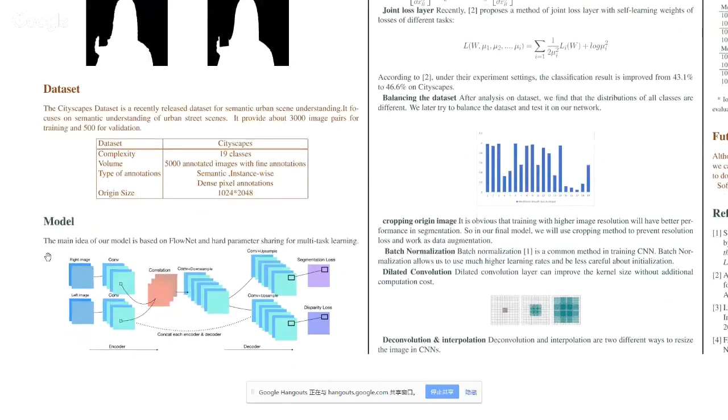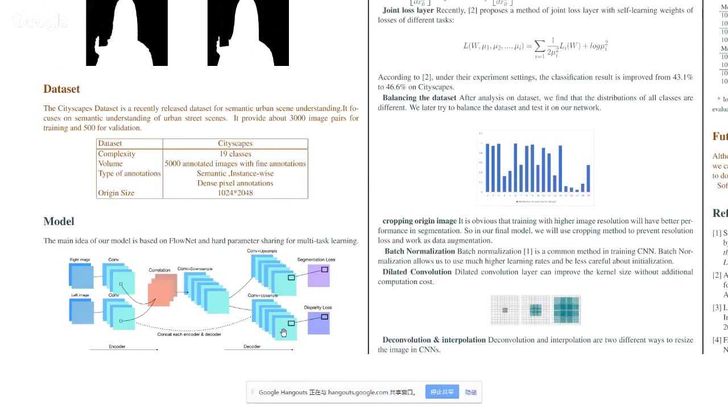About the model, our model is based on FlowNet, and the input of the encoder part is the left image and the right image. Then we do the convolution directly, and then we do the correlation to put the left image information and the right image information together for the rest of the network. After the encoder, we divide the network into two parts.